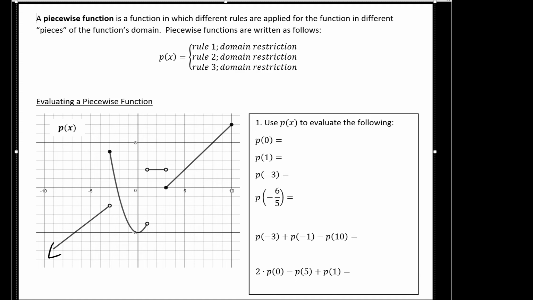Okay. Now you guys have actually been getting some experience with piecewise functions and didn't even know it yet, because these types of graphs that we've been working on for domain and range have all been piecewise functions. So if you notice, each piece is going to be a different equation, correct? Different equation for this piece, different equation for this horizontal piece, different equation for this one, right?